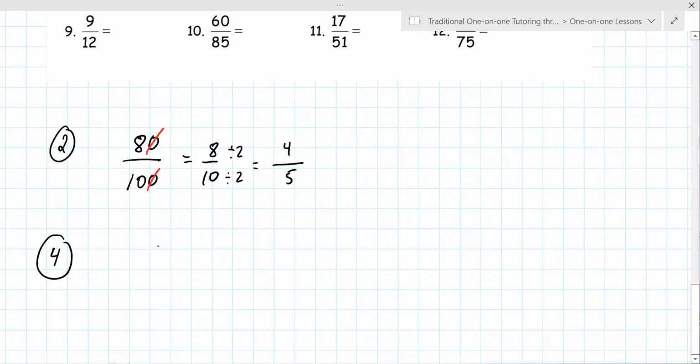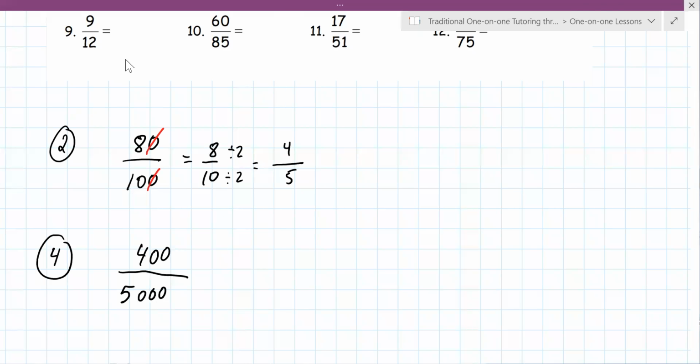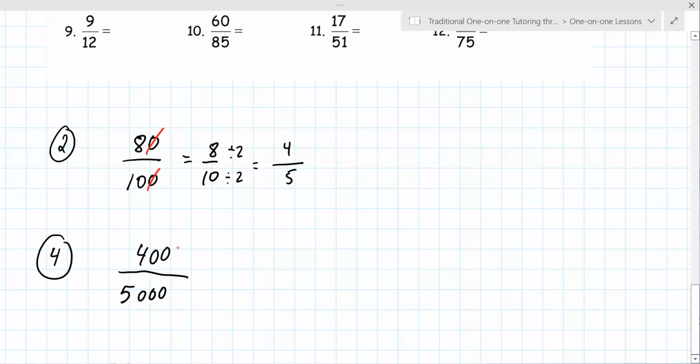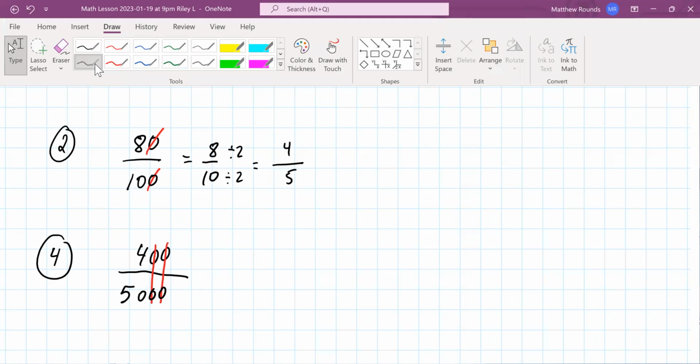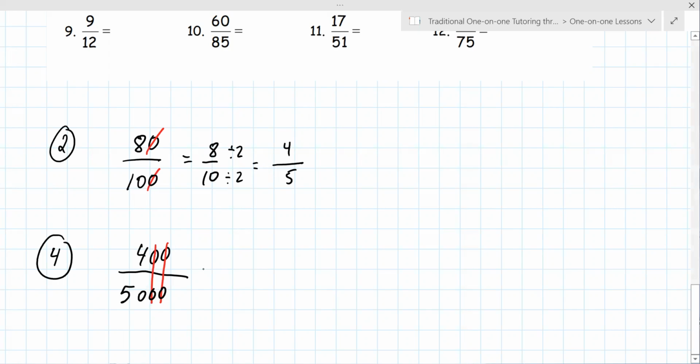Okay, so 4 is 400 divided by 5,000. You can cancel out the zeros if they're the same on the top and the bottom. If you have a colored pencil, it's always good to designate that a different color. Here you divide by 2.